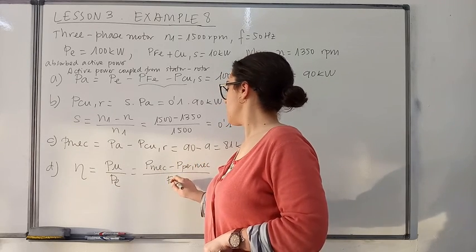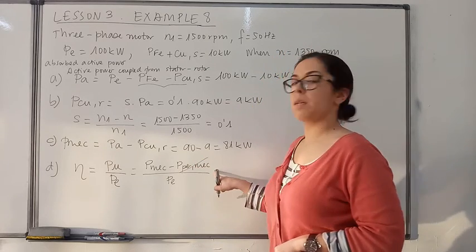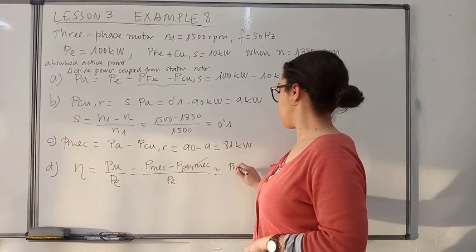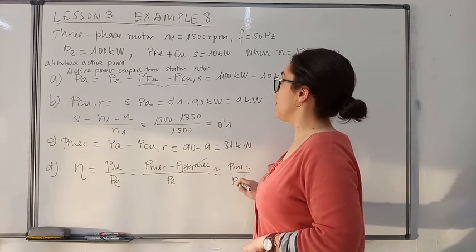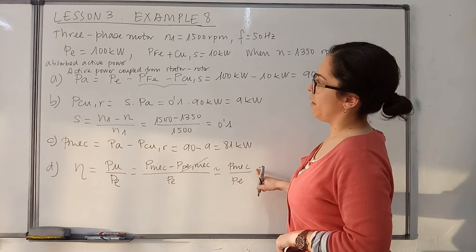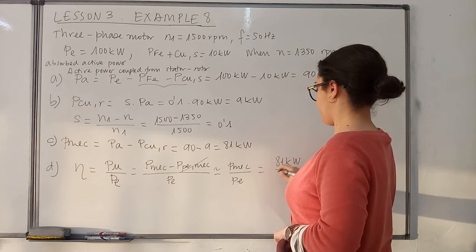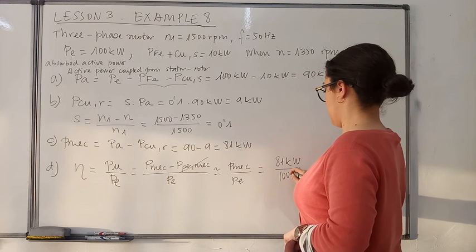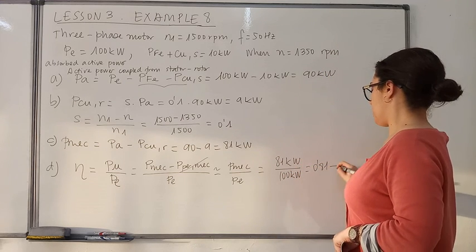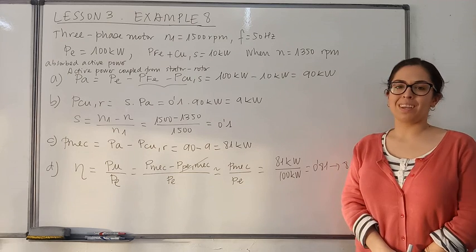If we suppose that the mechanical losses are negligible, then we will have the mechanical power divided by the absorbed active power, which will give a result of 81 kilowatts divided by 100 kilowatts, which is 0.81 or 81%. And with that, we have solved example 8.